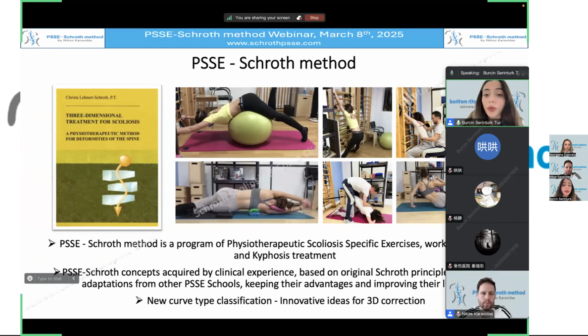And what is PSSE-Schroth method? PSSE-Schroth method, we have a program of physiotherapy scoliosis specific exercises. We are working with scoliosis and kyphosis treatment, and all the concepts are acquired by clinical experience, and we are based on original Schroth principles. We have some adaptations from other PSSE schools, other scoliosis specific schools.